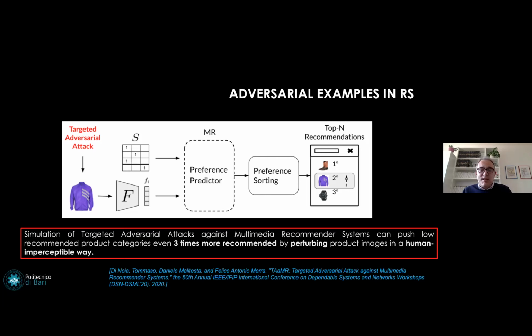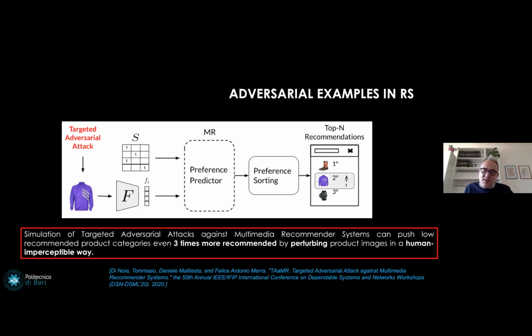And by using an adversarial attack, we can push items in the highest part of the ranked list, even if this item should not even be within the top-N list.